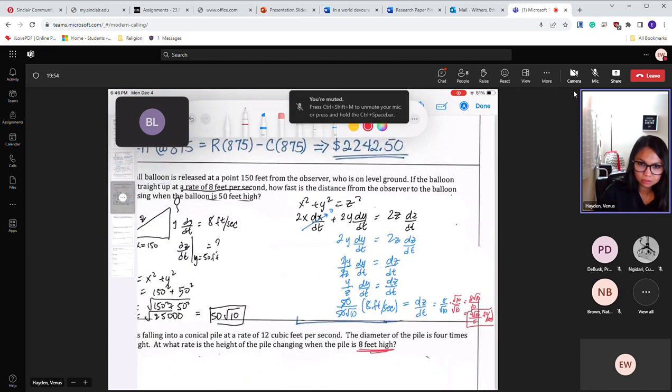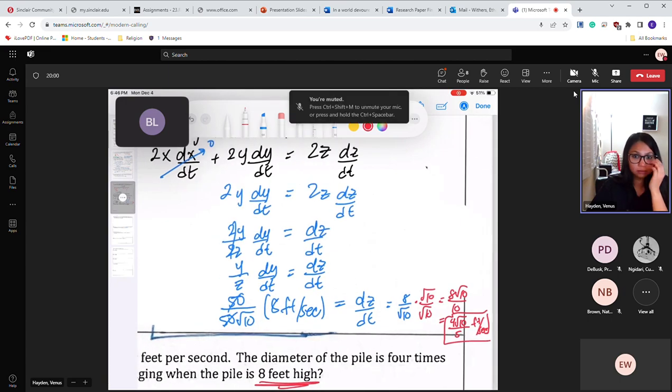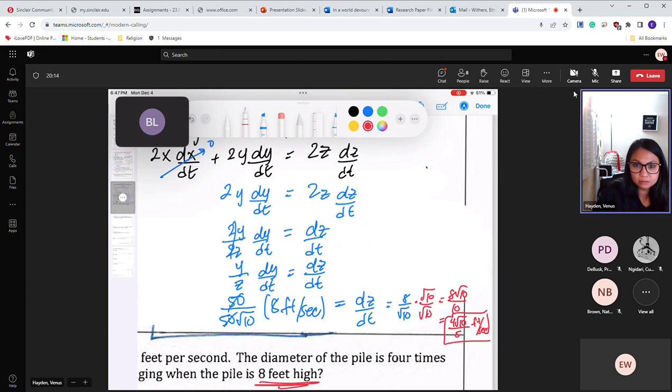Zoomed out too much. Any questions about this? No questions?